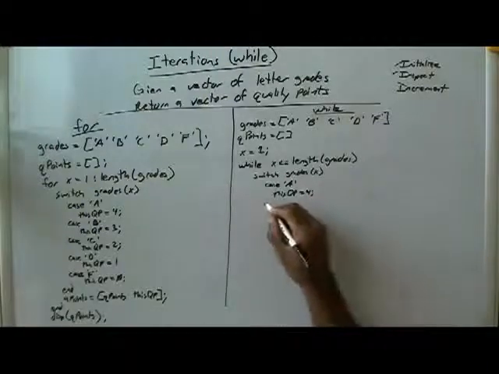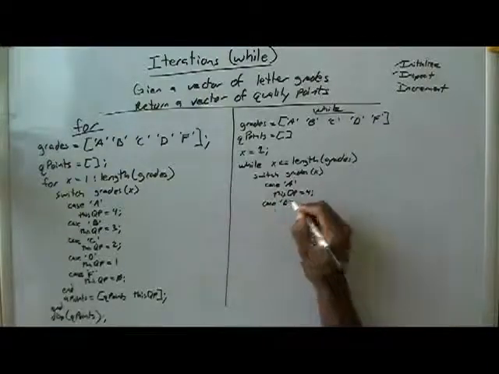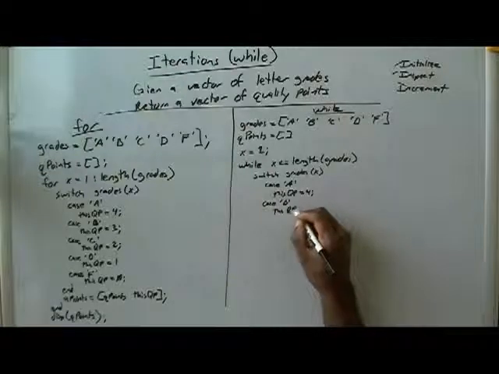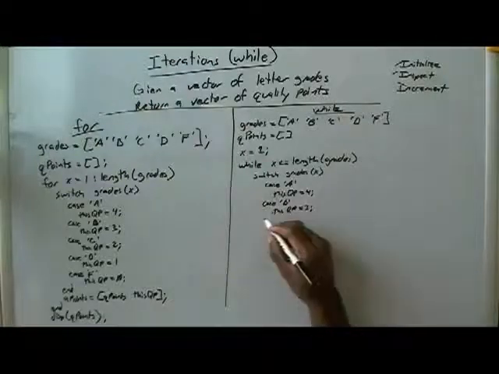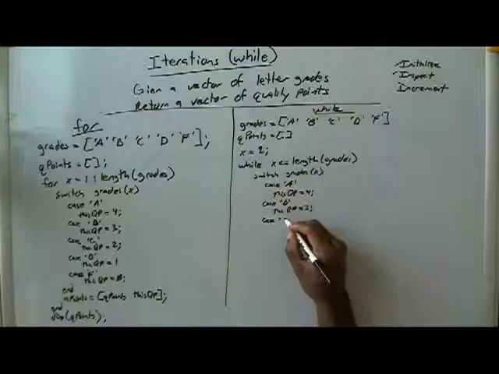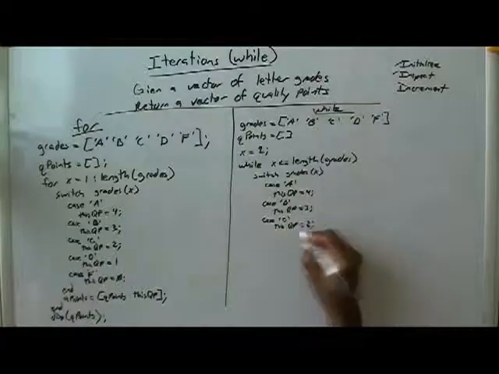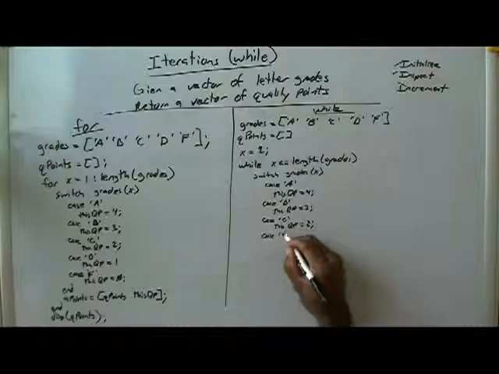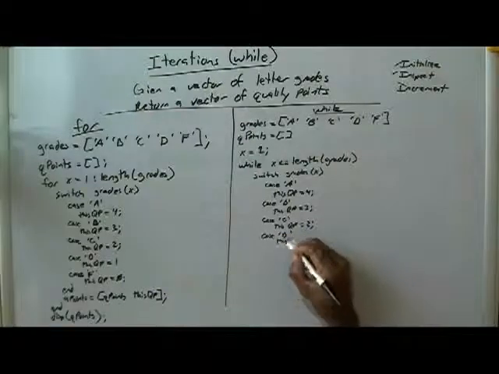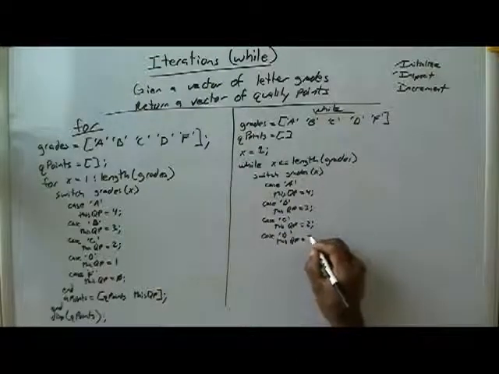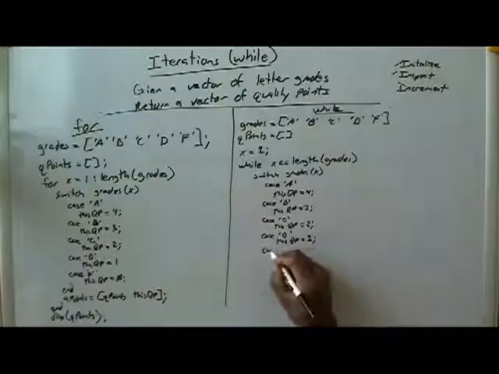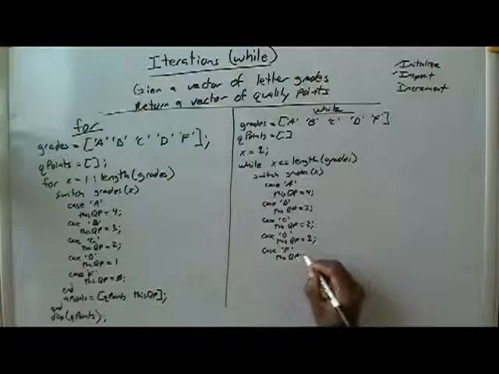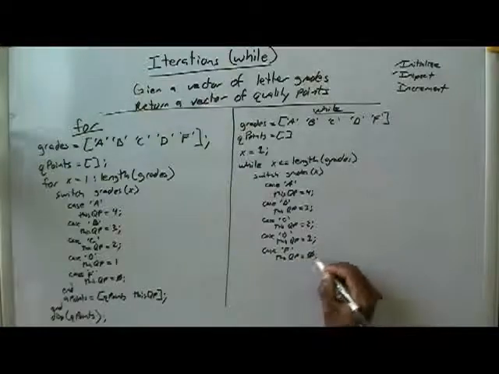Case A equals 4, case B, this QP equals 3, case C, this QP equals 2, case D, this QP equals 1, case F, this QP equals 0.